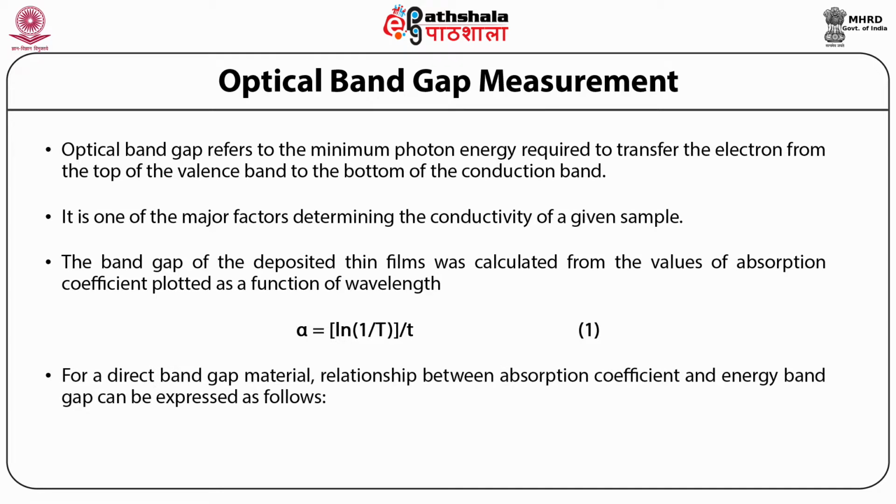For a direct band gap material, the relationship between absorption coefficient and energy band gap can be expressed as follows, that is alpha h nu equal to a constant multiplied by (h nu minus Eg) to the power half, where h nu is the incident photon energy, Eg is the direct optical band gap of the sample.